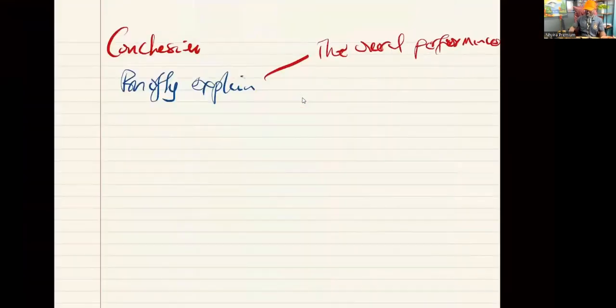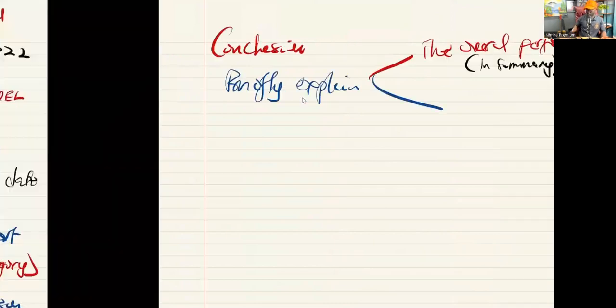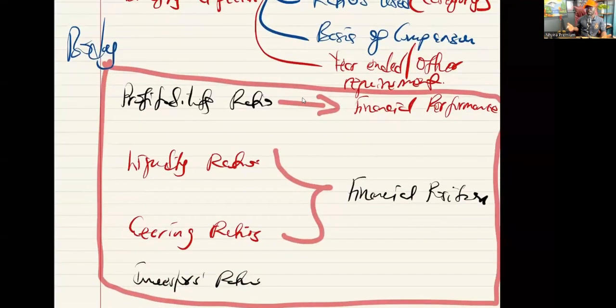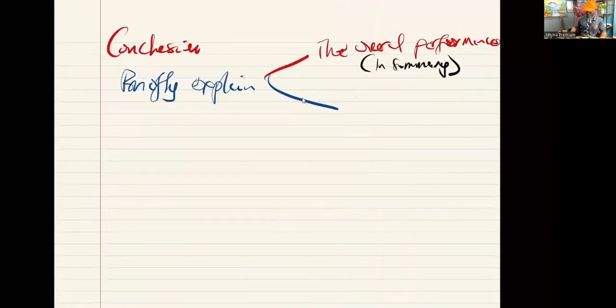So it's like in summary, in a nutshell, what is the performance of the organization? Then in your analysis, you are likely to identify some problems, some limitations, some challenges. So possible recommendation or suggested recommendation to improve performance.